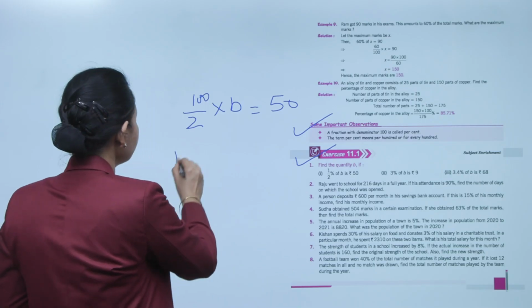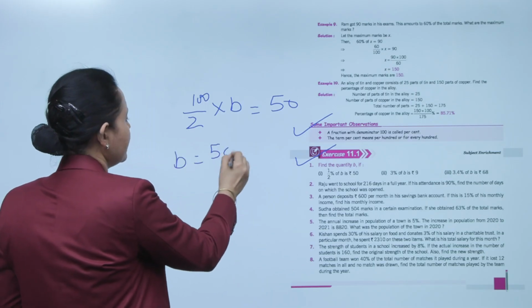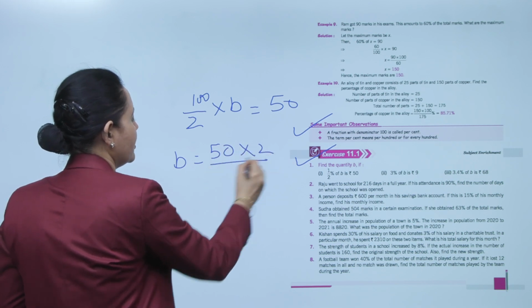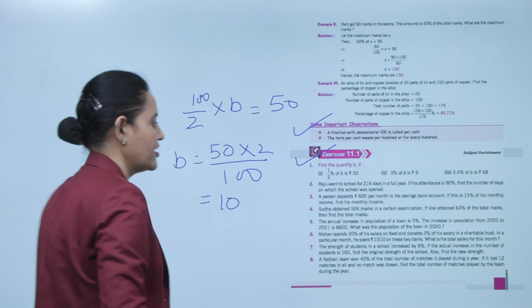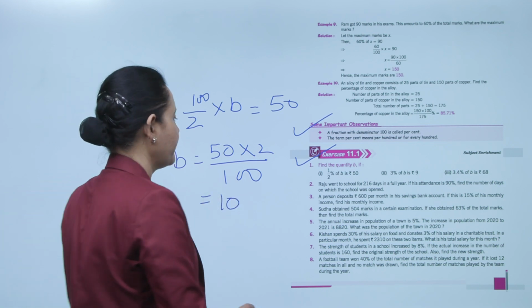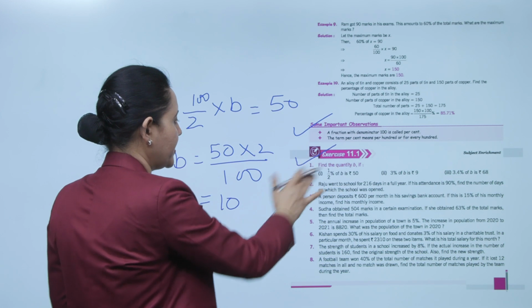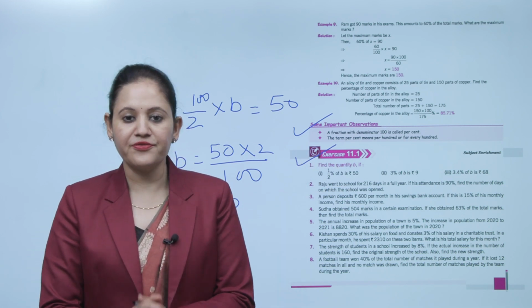So, B equals 50 multiplied by 2 upon 100, that is equal to 10. So, 1 by 2% of 10 is equal to rupees 50. Clear?